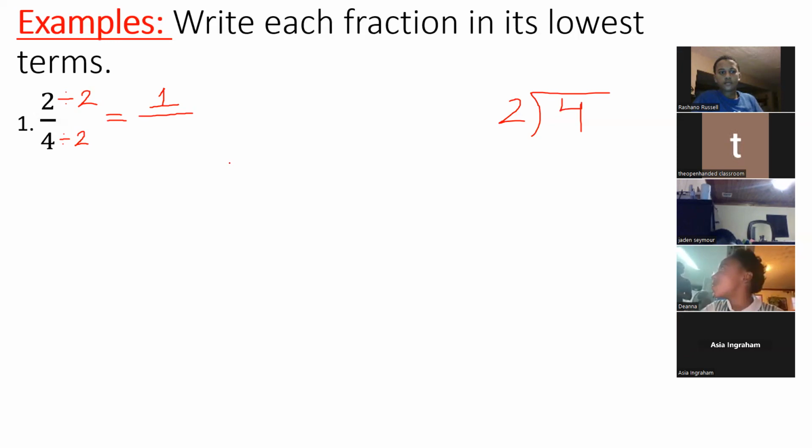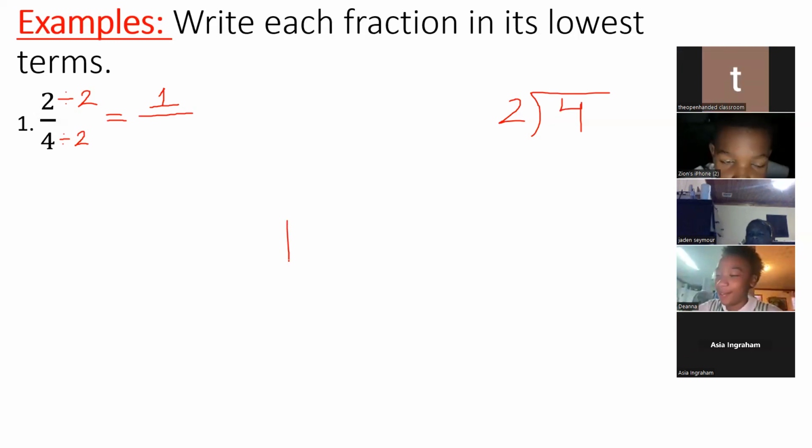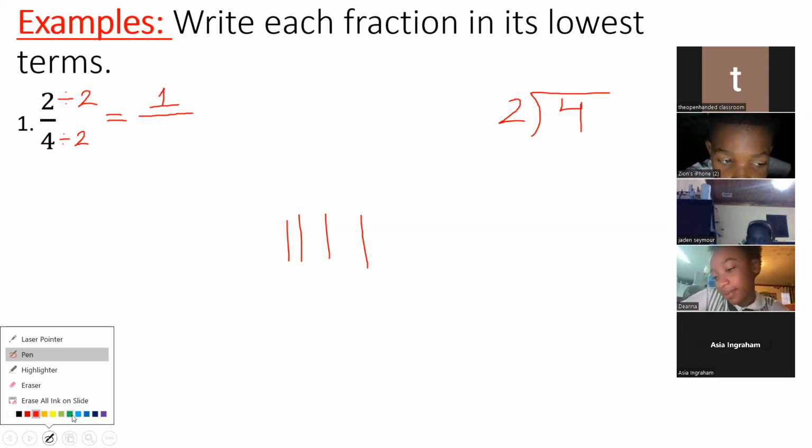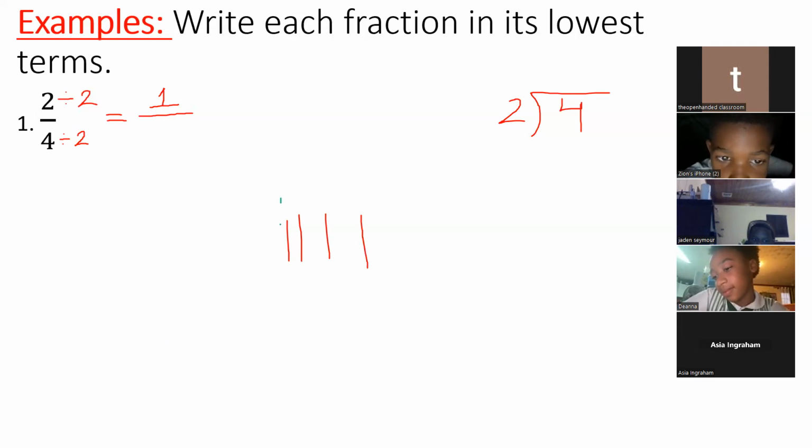Okay. Let me show you how to do it. So we say 1, 2, 3, and 4. How many groups of 2s do you see? 2. 2 groups of 2s. This is 1 group of 2, and this is 2 groups of 2.